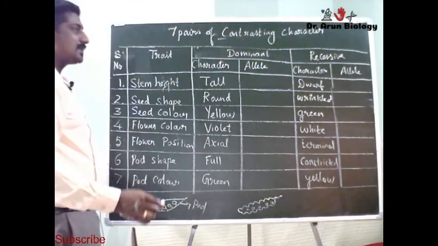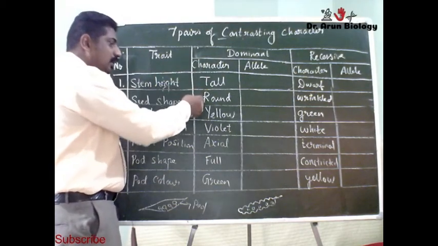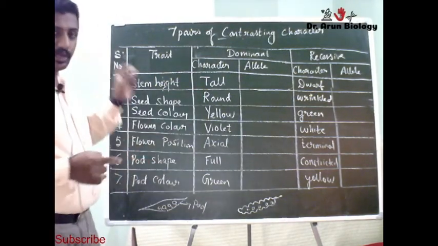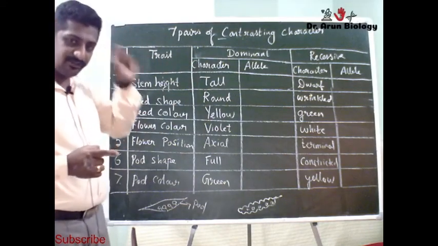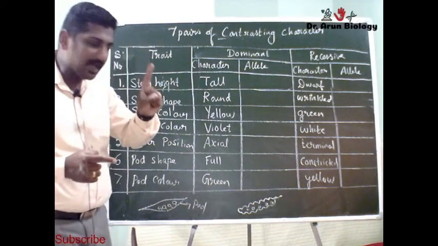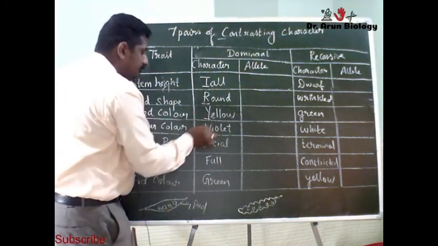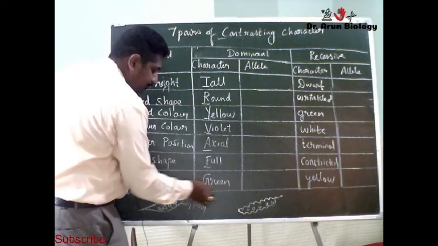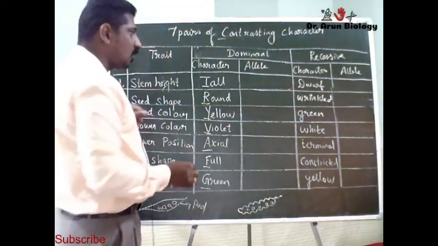Now how to assign the symbols for the alleles? Always take only the dominant trait and use a capital letter for it. For a single factor, take the capital letter only from the dominant trait, and for the recessive, put a small letter. Do not use any other letter.